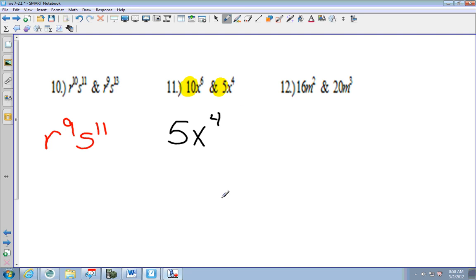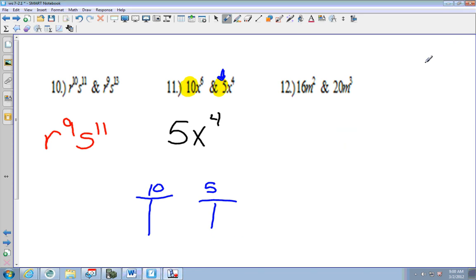To find the 5, you would build your table and find your greatest common factor. A lot of times I look at my smallest number and figure out, does 5 go into the other number? And it does, so it's that number. Try and do number 12 right now, please.